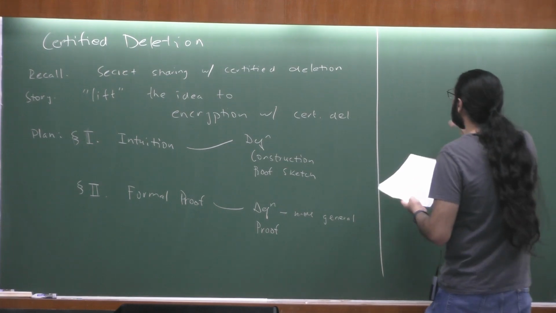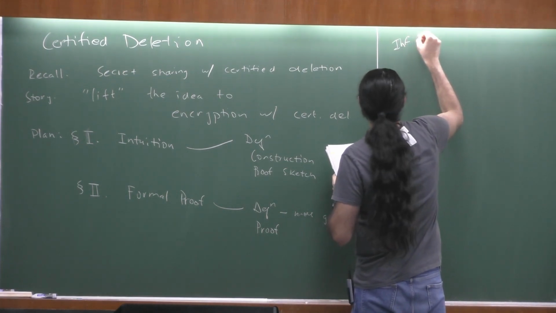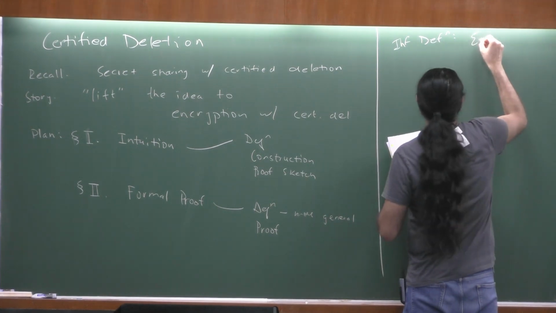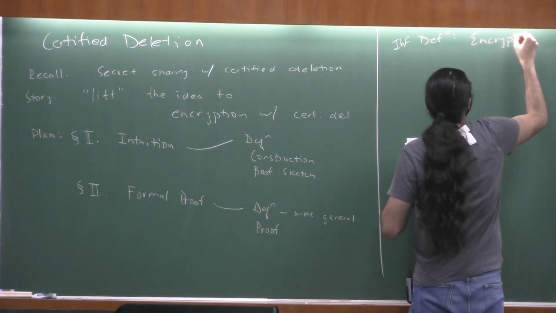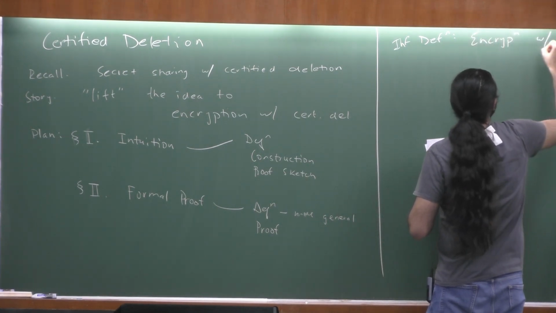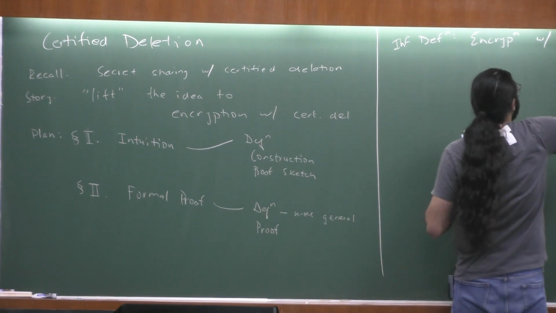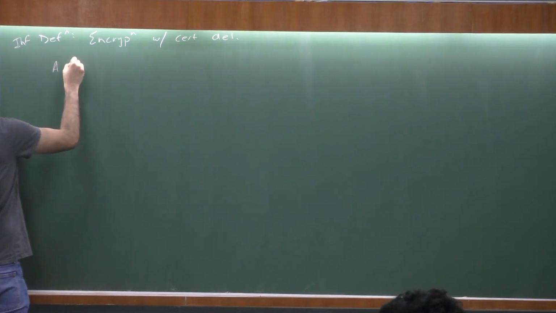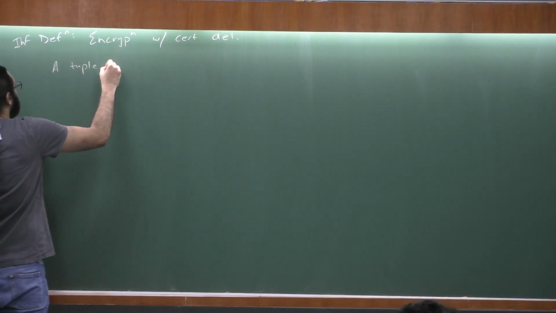Here's an informal definition of encryption with certified deletion. The informal definition is that it's a tuple of algorithms.